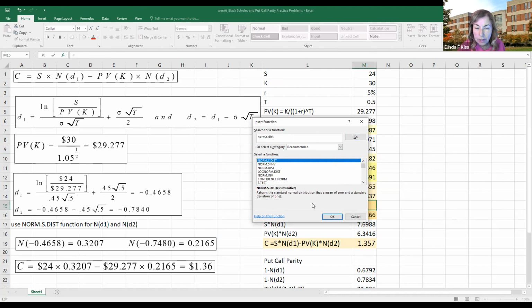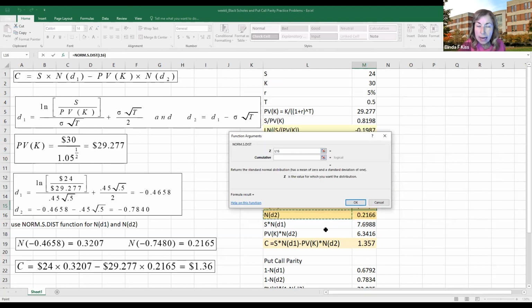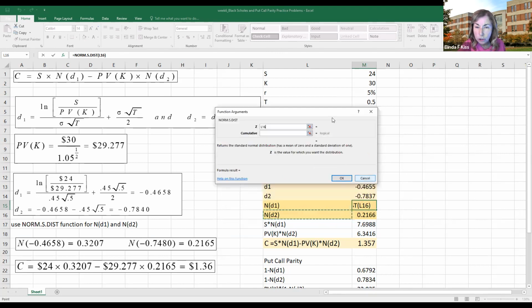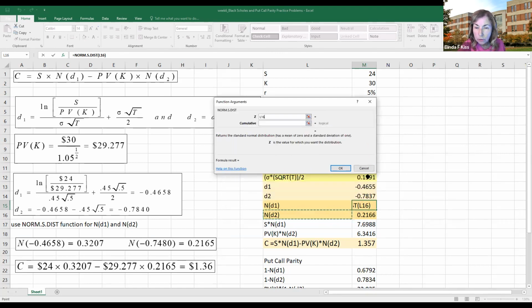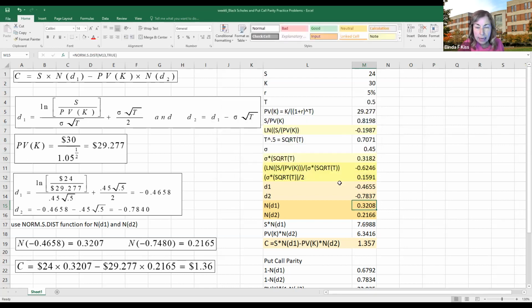And there is the function that I want. Click OK. And now I want it to give me the normal distribution of D1. So there is D1, and then it wants me to say either true or false. And of course, I'm saying true here. And then I click OK, and you can see that N of D1 is 0.3208, and N of D2 is done similarly.